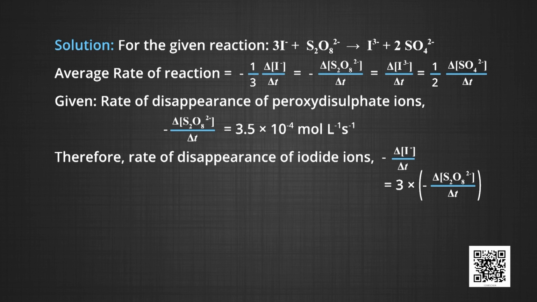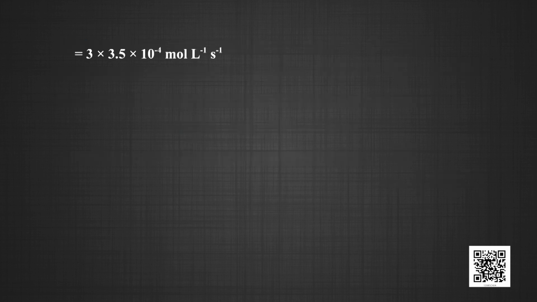Therefore, the rate of disappearance of iodide ions, minus delta iodide ion by delta T, equals 3 into minus delta molar concentration of S2O8 2 minus ions divided by delta T. It comes out to be 3 into 3.5 into 10 raised to power minus 4 moles per liter per second, which is equal to 10.5 into 10 raised to power minus 4 moles per liter per second.